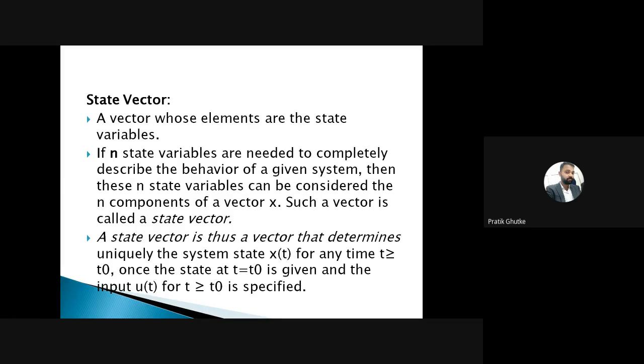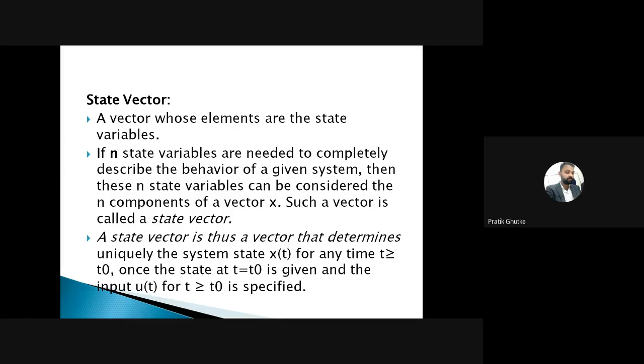So what is a state vector? A state vector is a vector whose elements are the state variables. And if n state variables are needed to completely describe the behavior of the given system, then these n state variables can be considered to be the n components of a vector x, such that the vector is called a state vector.